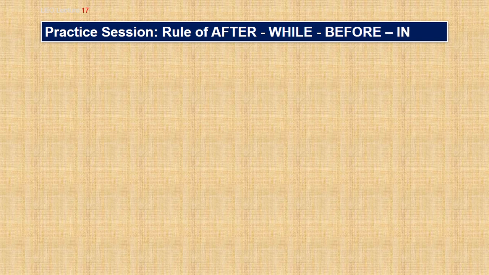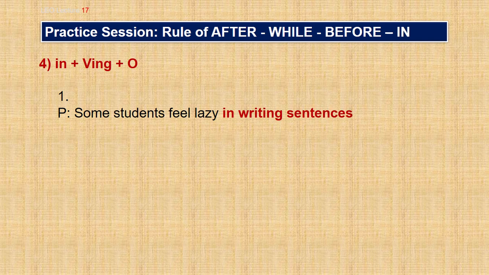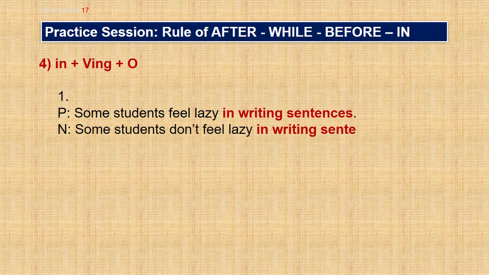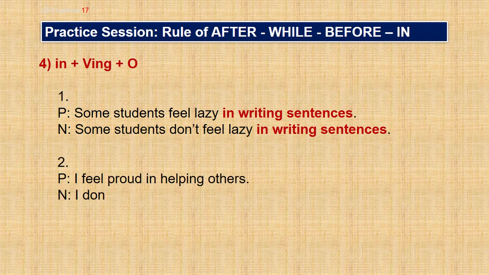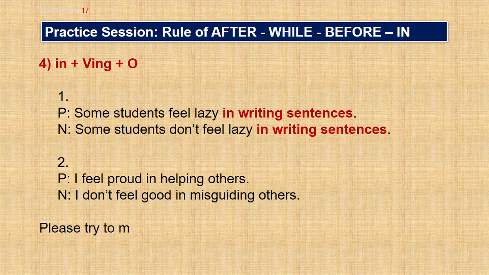Let's have a look at the last rule, in. In this rule as well, it says in plus verb ing plus object. That means an activity is performed in accordance with another activity. Some students feel lazy in writing sentences, and they don't feel lazy in writing sentences as well.